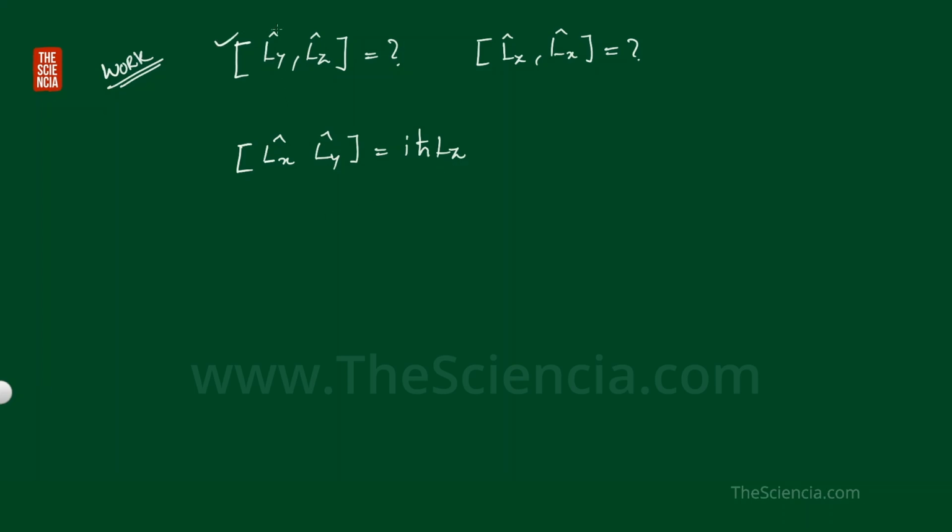Similarly, if you solve for this one and this one, you will get the solutions: [Ly, Lz] is equal to iħ Lx. And if you solve for the other case, that is [Lz, Lx], then you will get the result iħ Ly.